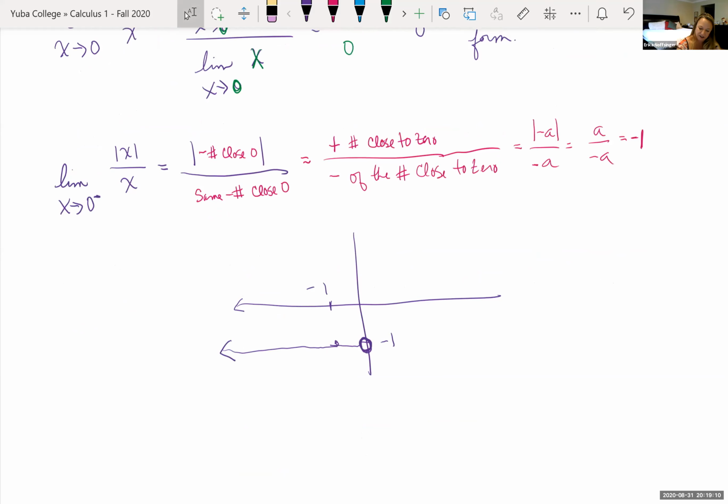So this time, the limit as x approaches 0 from the right of the absolute value of x all over x is equal to the positive over the positive, let's say of a, which is just equal to positive 1. Undefined there, but any number that you chose on the right, that x value, is going to be a horizontal line there.